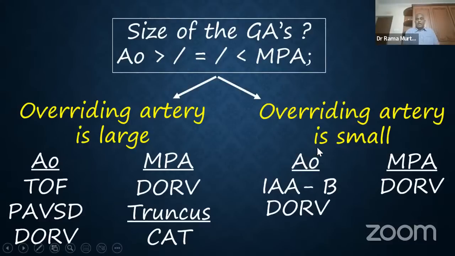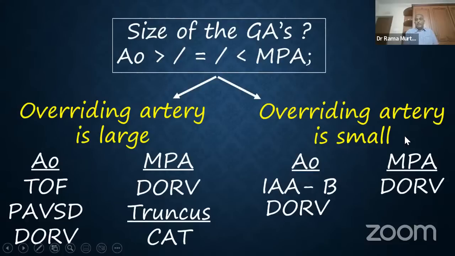If the overriding artery is small, there are only a couple of conditions: interrupted aortic arch type B and DORV, where there is an aortic stenosis. So remember, DORV is associated with outflow tract stenosis, pulmonary or aortic. If the aorta is stenotic in DORV and it is overriding, you will find that the smaller artery is the overriding artery.